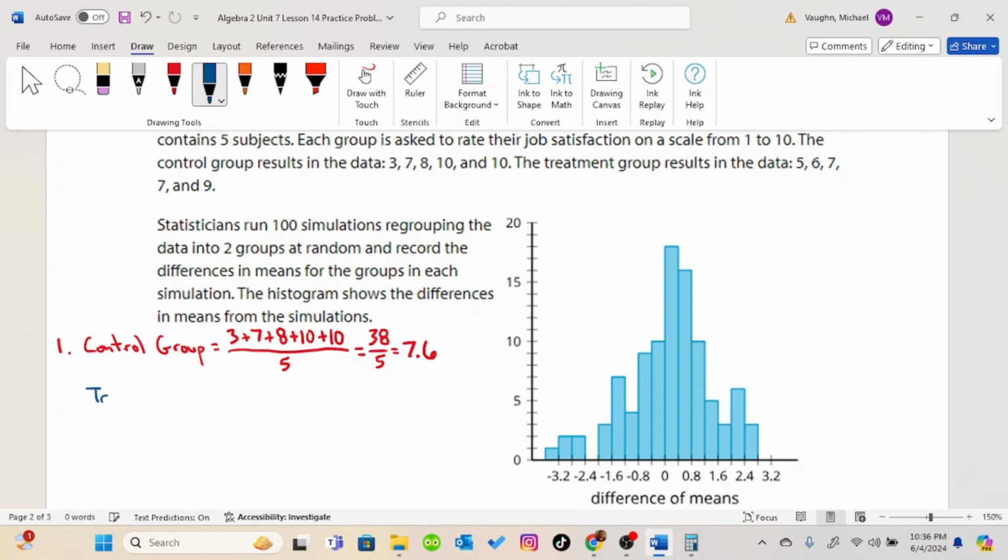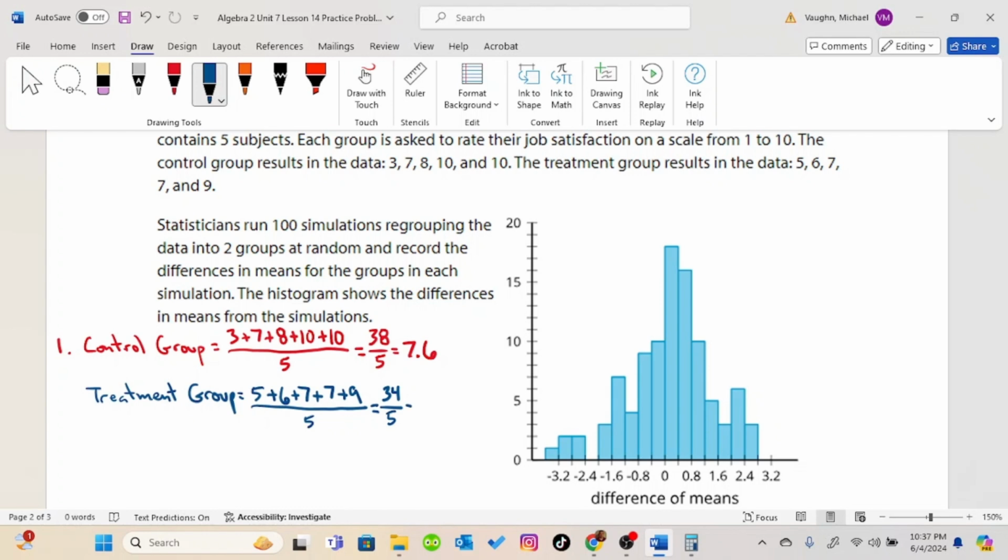The treatment group is 5 plus 6 plus 7 plus 7 plus 9 divided by 5. 9 plus 7 is 16, plus 7 is 23, plus 6 is 29, plus 5 is 34.